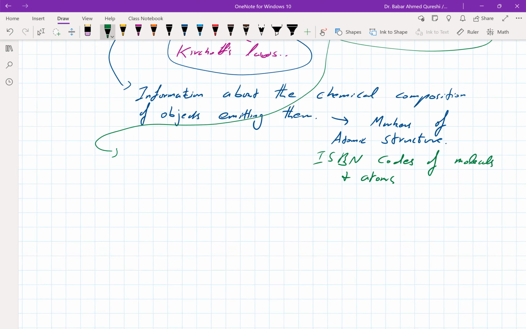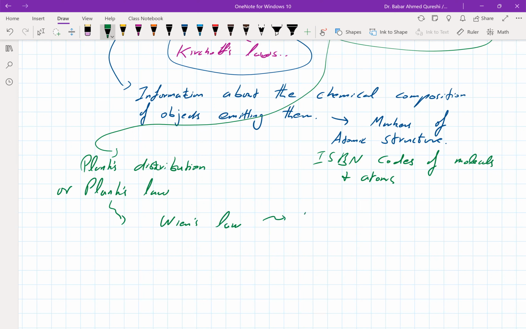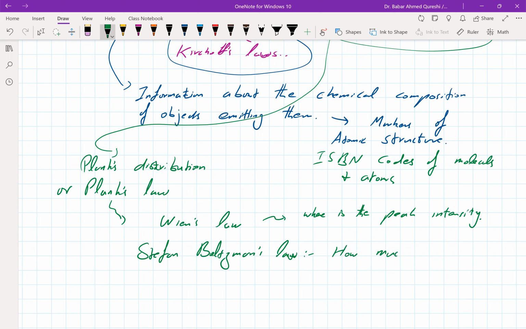This is described using Planck's distribution or Planck's law, which contains in it these two sub-laws: Wien's law, which tells you where the peak intensity is, and the Stefan-Boltzmann law, which tells you how much power is emitted.